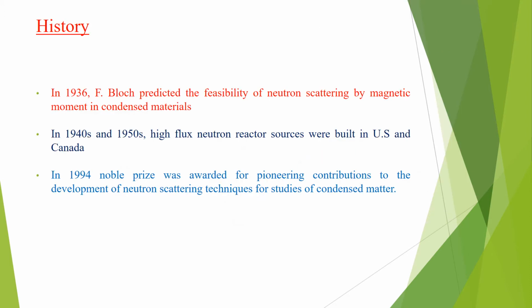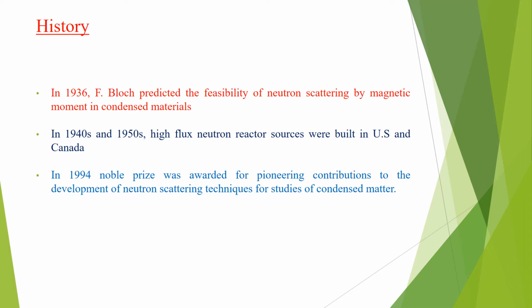In this slide, firstly we will discuss a brief history of the discovery of the neutron, and then we will move on towards its application in the scattering of crystalline material. Neutrons were first discovered by J. Chadwick in 1932, and four years later, in 1936, W. Elsasser proposed the idea of neutron scattering by crystalline materials.